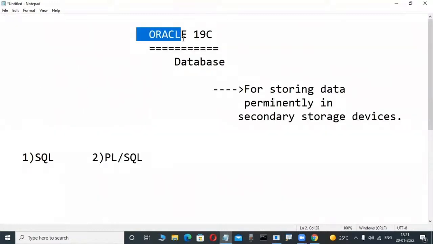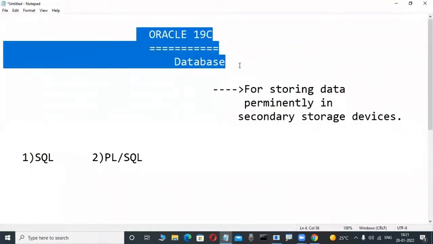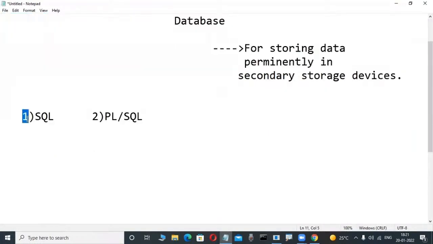If you want to operate the Oracle database product in a company, which languages are we learning? SQL is one language, structured query language. After SQL, another language is also better to learn: PLSQL, procedural language extension for SQL. Not only these two, but in companies we also use another language, Dynamic SQL.